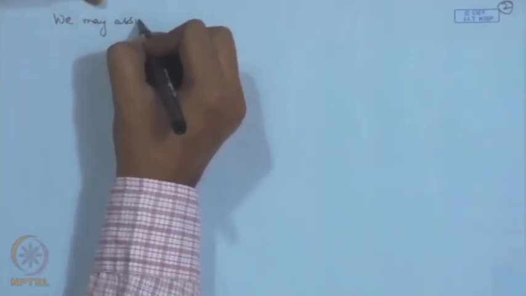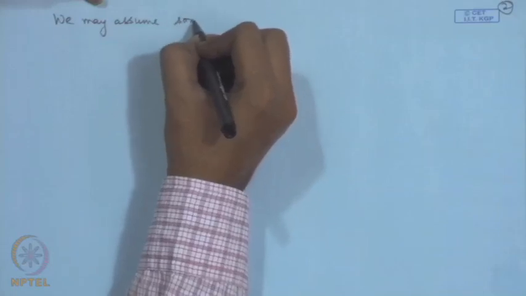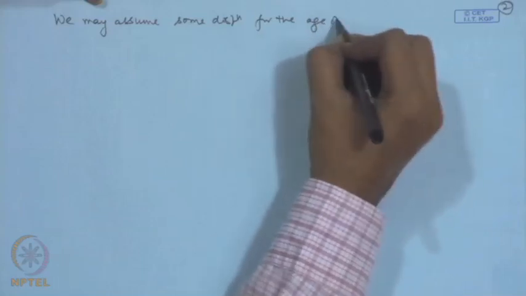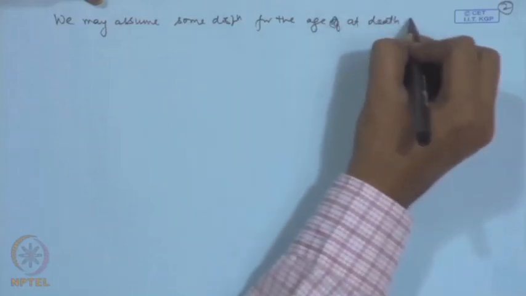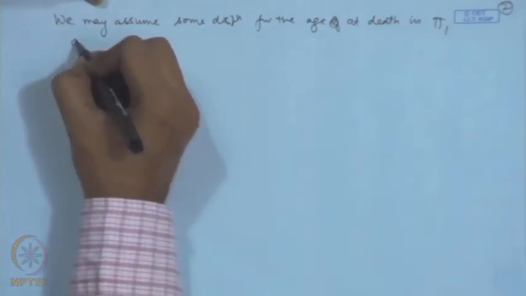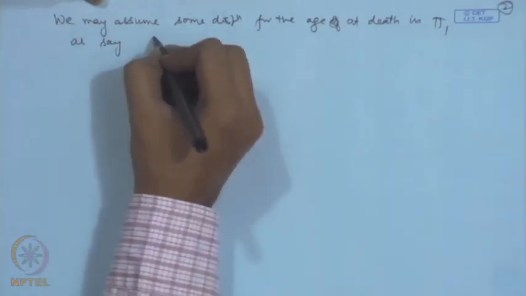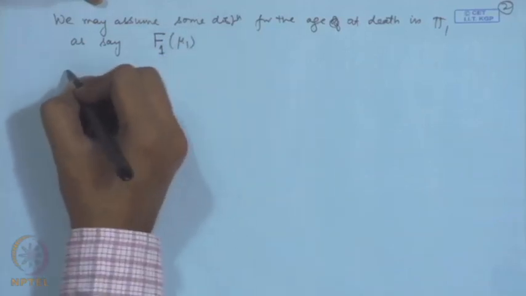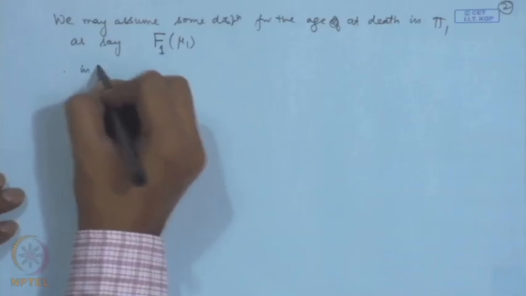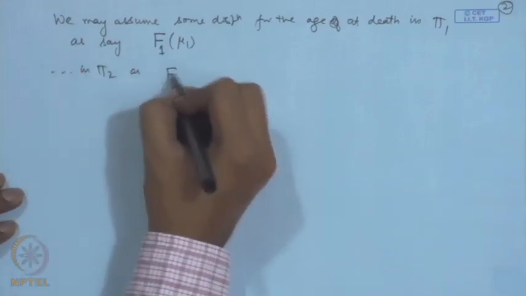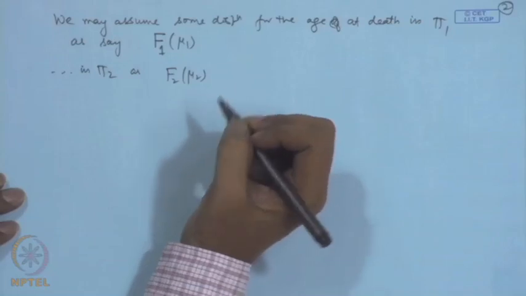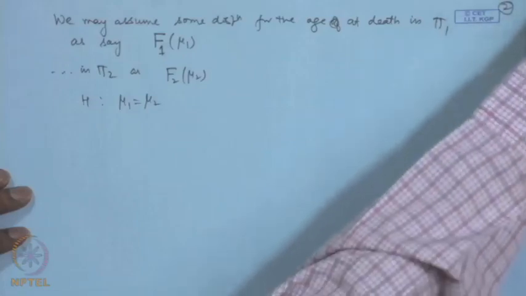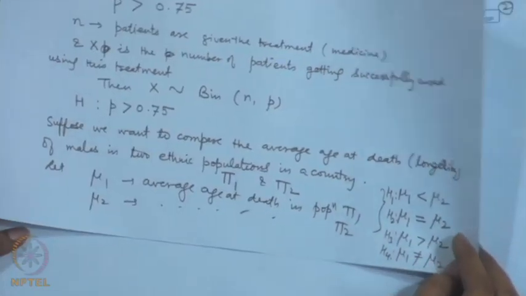We may assume some distribution for the age at death in pi 1 as, say, f 1 (mu 1), and the same thing we assume in pi 2 as, say, f 2 (mu 2), and then we are testing the hypothesis whether mu 1 is equal to mu 2 or mu 1 less than mu 2 or mu 1 not equal to mu 2, etc.